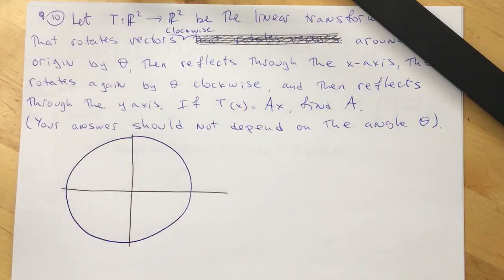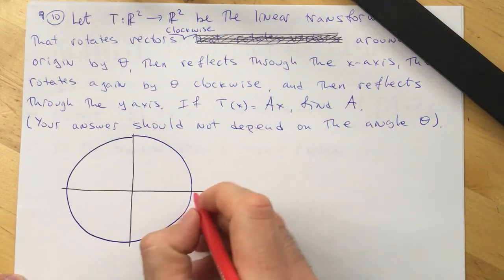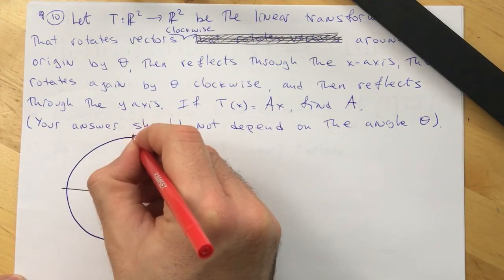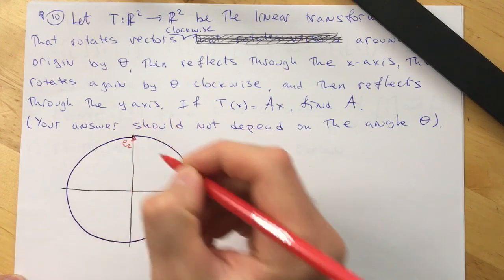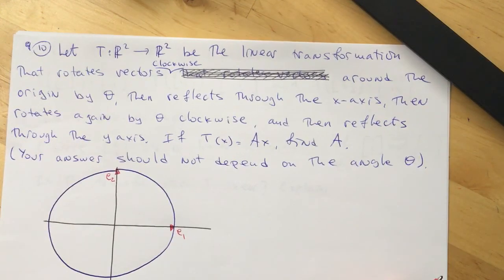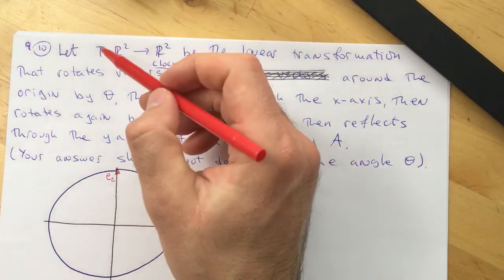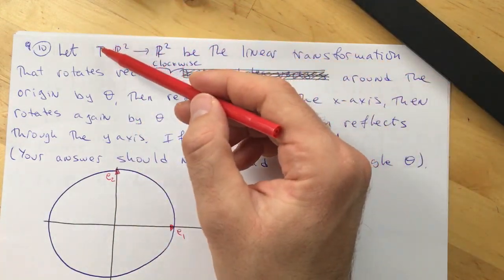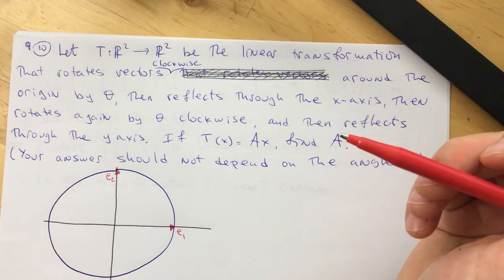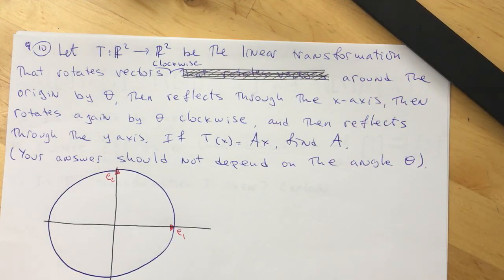Okay, so this is the unit circle, and we have the vectors e1 and e2. So let's follow through this very big transformation T. That's actually a composition of four different transformations, and let's see where we're going to end up.